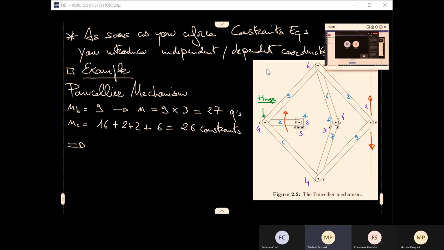And that's why the number of independent parameters is actually equal to 27, which is the total possible number of parameters that I ideally need to describe the system, minus 26, which gives 1. This count here is called Grübler's count.